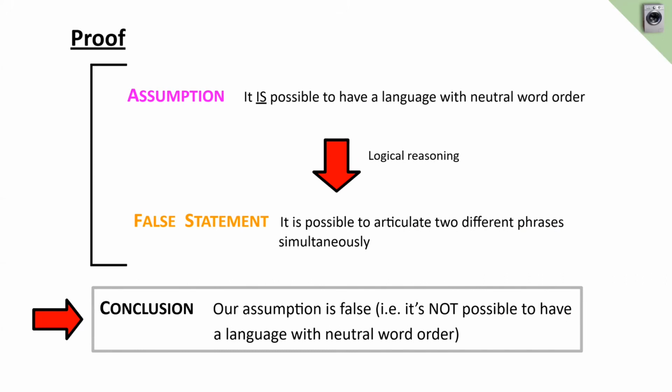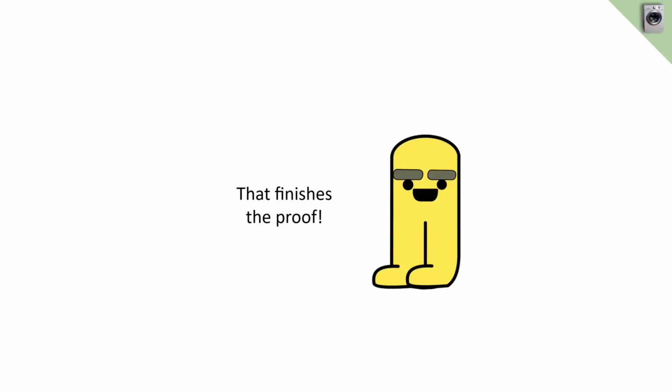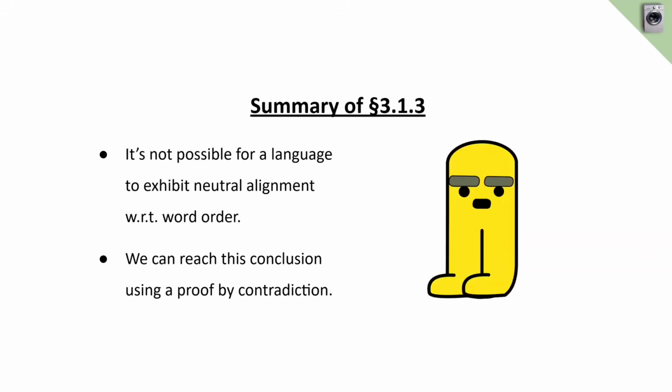Thus, our assumption must have been wrong, and therefore it is impossible for a language to exhibit neutral word order. Our proof is complete. The information presented in this section can be summarized as follows.